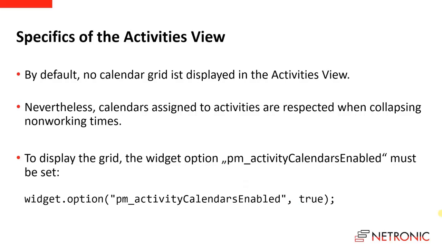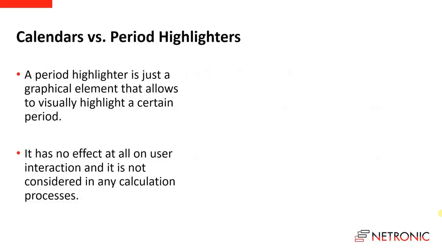At the end of this video, I would like to explain the difference between calendars and period highlighters. A period highlighter in the Visual Scheduling Widget is just a graphical element that allows you to visually highlight a certain period.